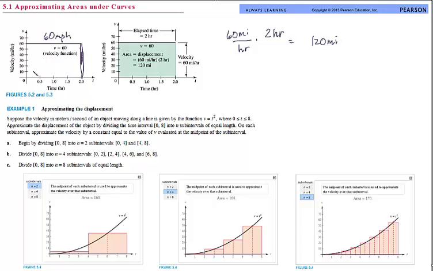Now notice this is the area under this curve, the 60, the 2 times the 60, the length times the width, and that would get me the area.